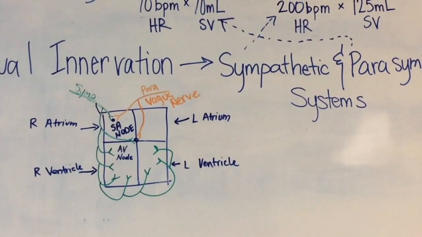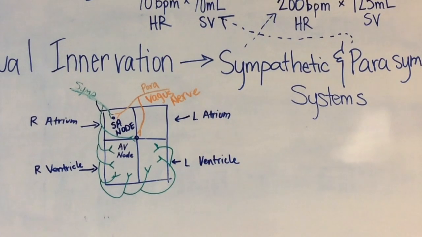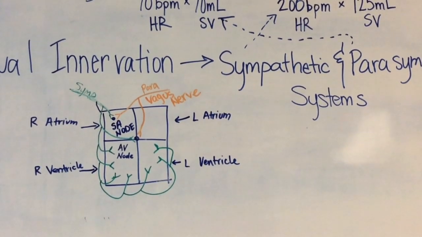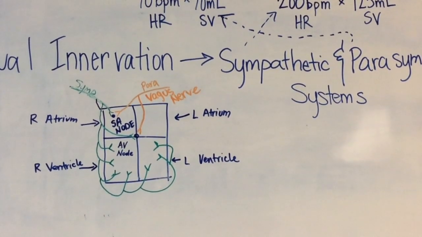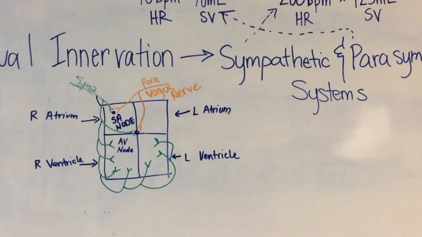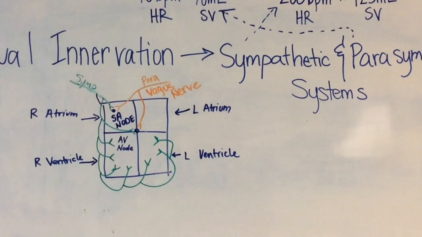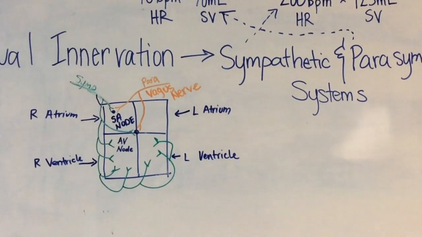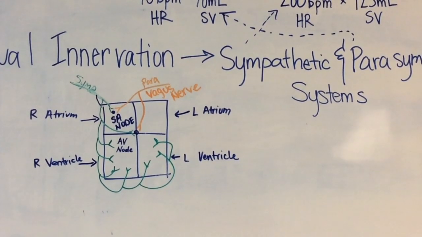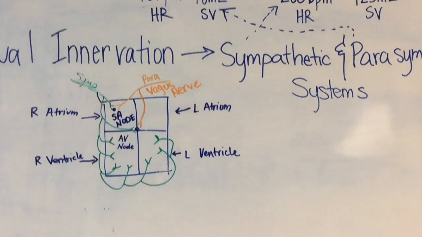The ability of the sympathetic system to innervate the ventricles allows for more forceful contraction, which allows for a greater amount of blood to be pushed out from the ventricles into the aorta with every beat. This is an increase in stroke volume.